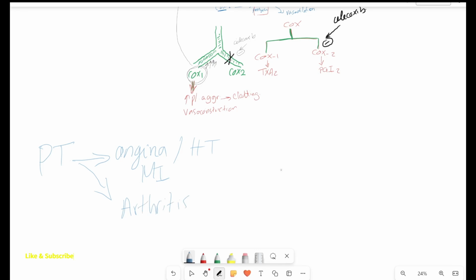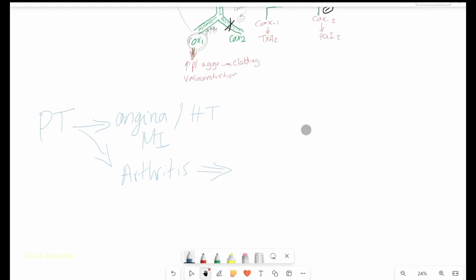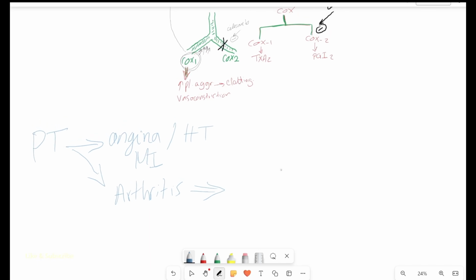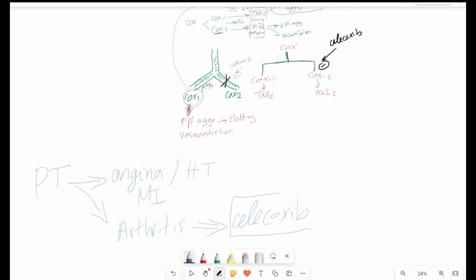We can see it in practice. And you, as a physician or physician assistant or pharmacist or nurse, try to treat him with, for example, Celecoxib. As you can see here, if you prescribe Celecoxib to this patient, you increase the risk of platelet aggregation and vasoconstriction, and the patient may die from angina or from myocardial infarction. This is the reason we don't recommend using Celecoxib in patients with a history of cardiovascular disease.